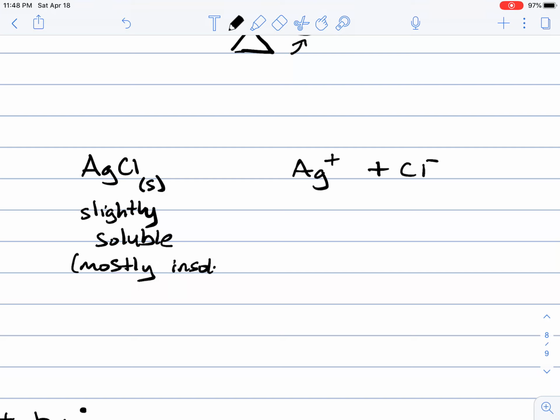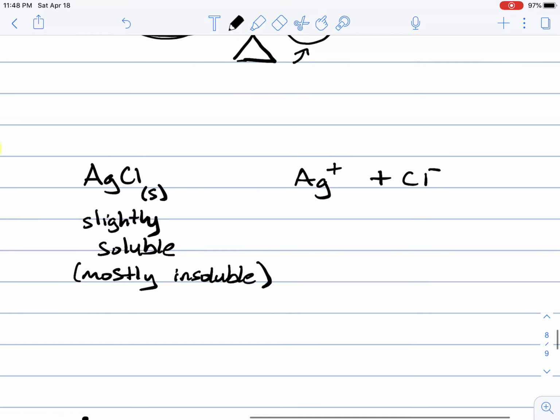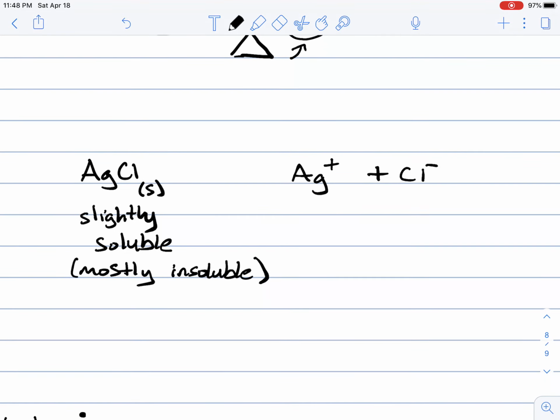And the reason why I keep on repeating this is because I'm depicting the arrows to represent the ratio of equilibrium constants with respect to each other.